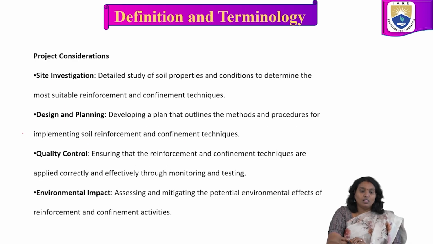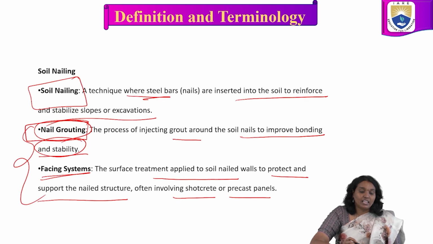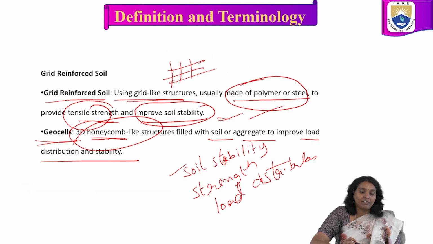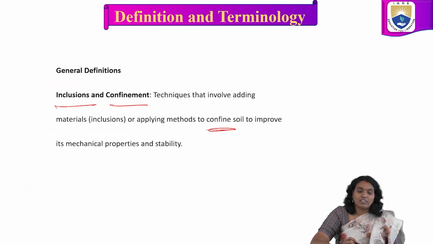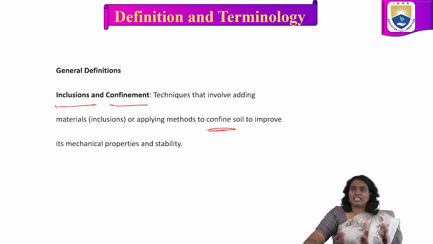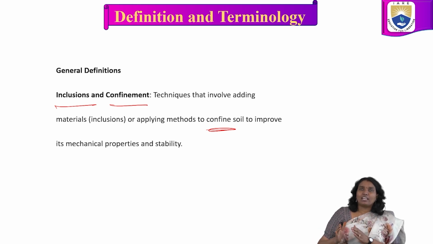We use these kinds of techniques in inclusions and confinements under various considerations. We choose various definitions and terminology. Till now, we have understood various new terms, various properties and some definitions. These are all the various techniques we are going to involve in ground improvement.